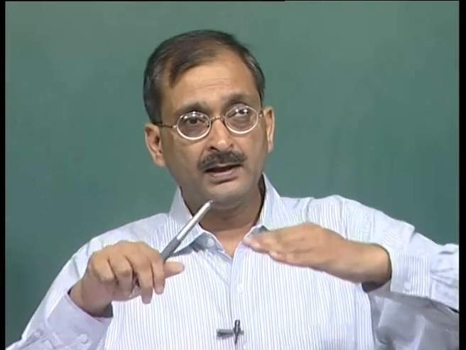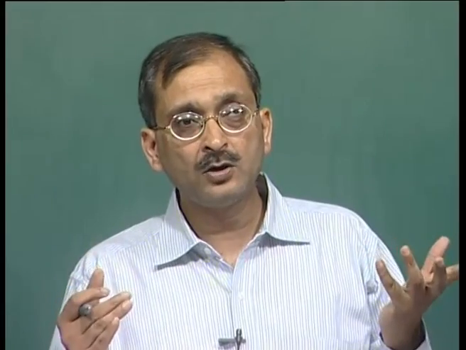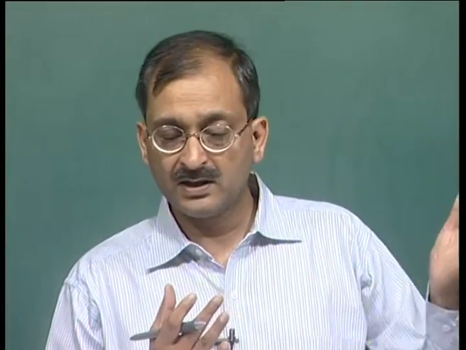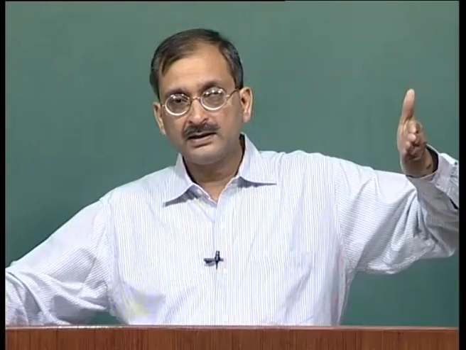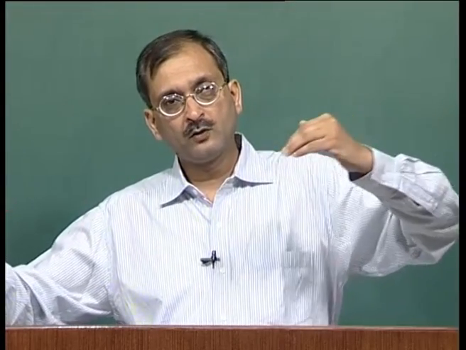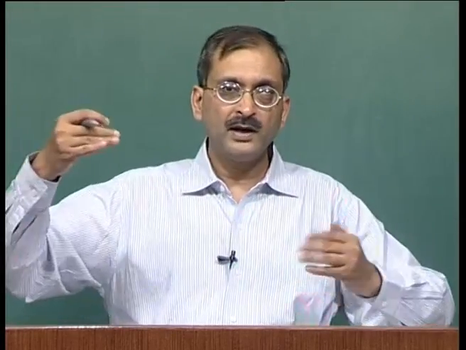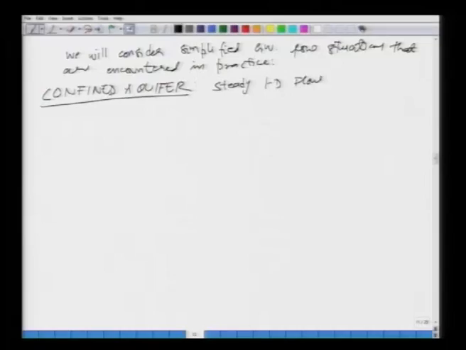Then there has to be some head difference or driving force which will cause the flow to go, let us say, from left to right. So, there may be a lake on the left hand side or a pond or a river on the right hand side, with level difference which will cause the water to flow from left to right or right to left depending upon the relative elevation of these two water bodies. So, let us look at this kind of a situation.